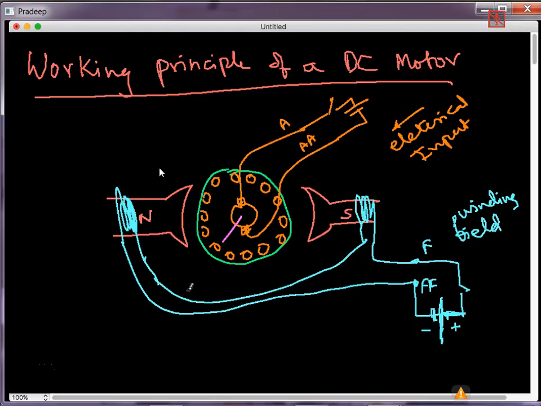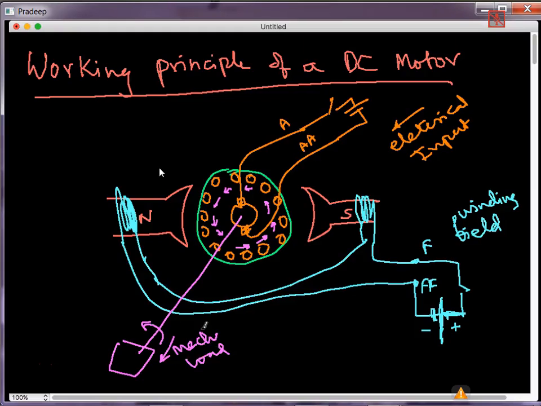So let's say the force is downwards here and the force is upwards here. Like this, some force is generated, and here I have a mechanical load. So this mechanical load also will start rotating like this.